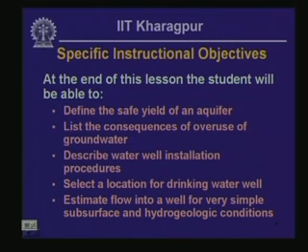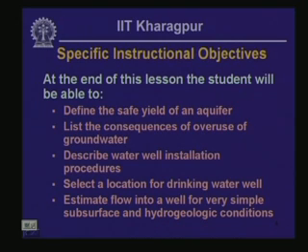We would like to be able to describe water well installation procedures. Then we would like to be able to select a location for drinking water well, and finally we would like to be able to estimate flow into a well for very simple subsurface hydrogeologic condition.